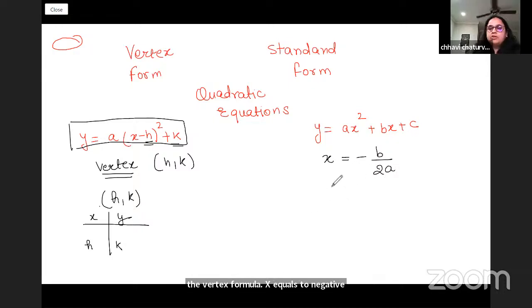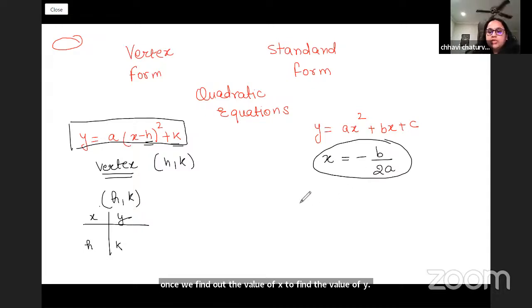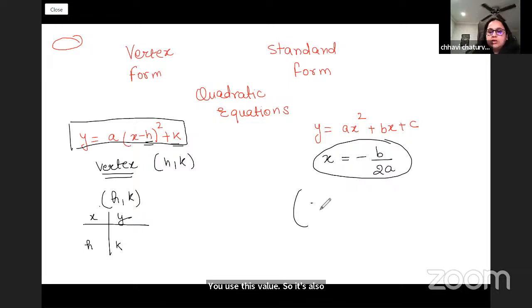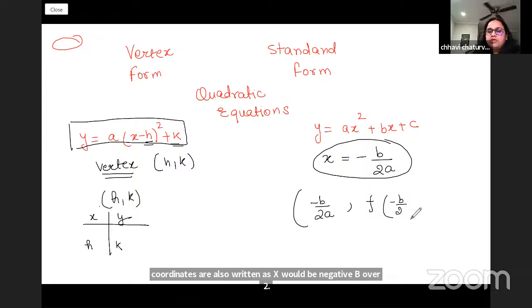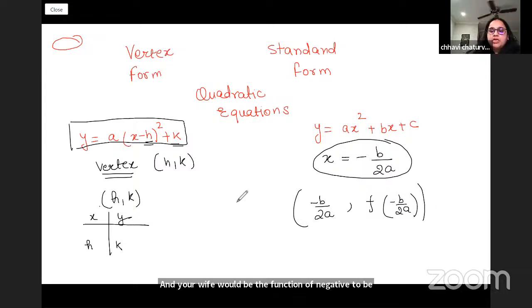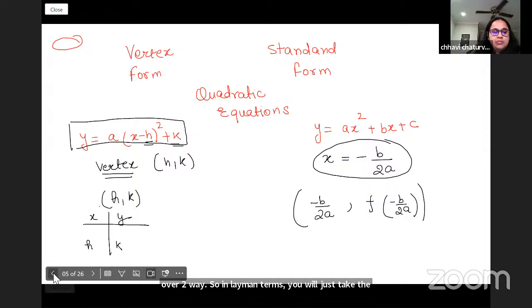Once we find the value of x, to find the value of y, you use this value. So the coordinates are written as x equals negative b over 2a, and y would be the function of negative b over 2a. In layman's terms, you just take the value of x, put it in the function to get y, and be done with this.